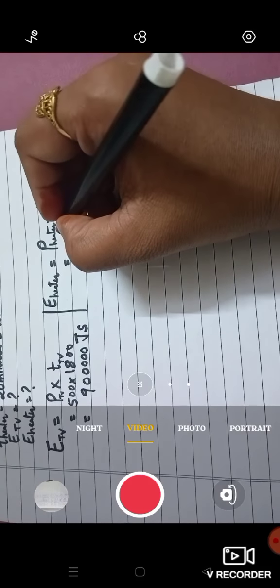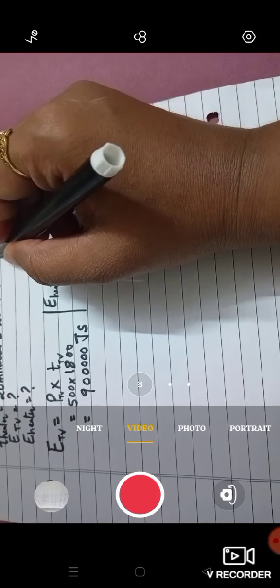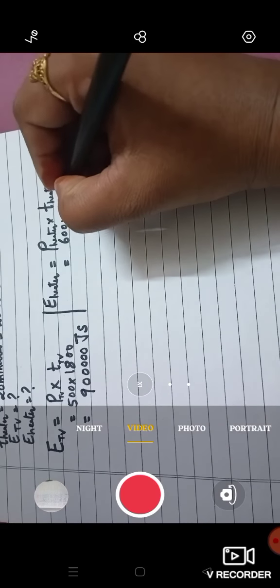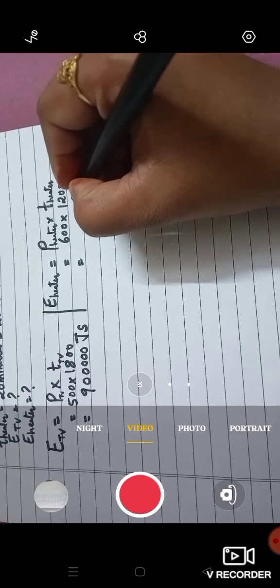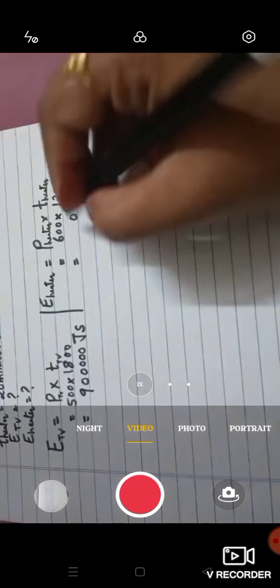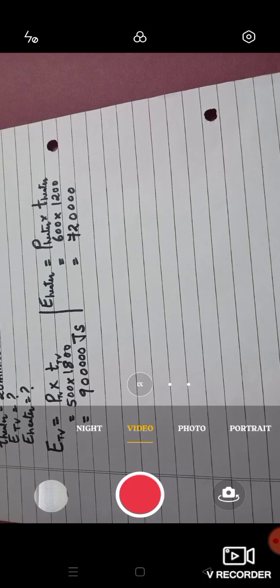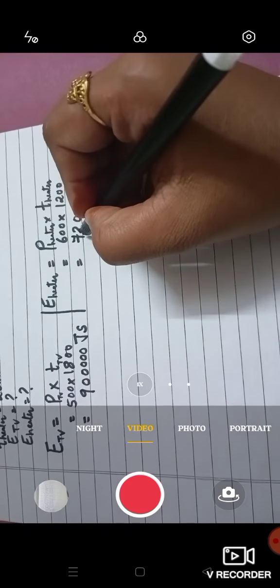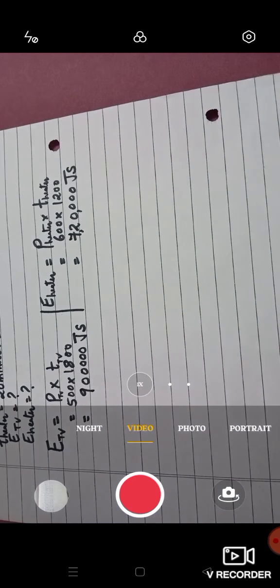The power of the heater was given as 600 and it has been used for 20 minutes, which we have converted into 1200 seconds. So this 20 and this 20 give 40 here, and 12 sixes are 72. So 7,20,000 joule energy has been consumed by the heater.